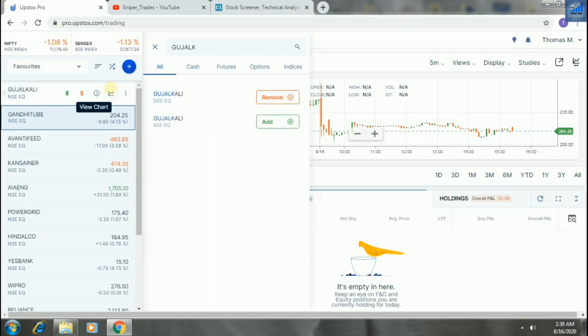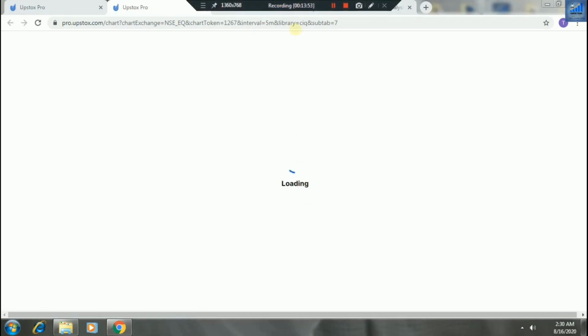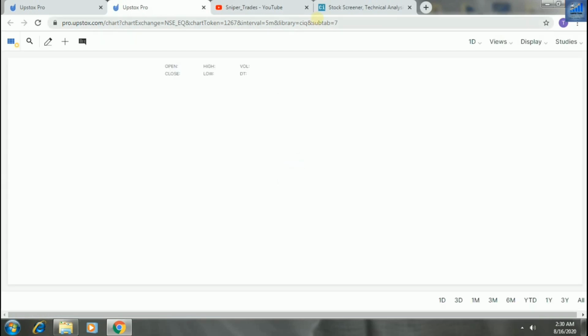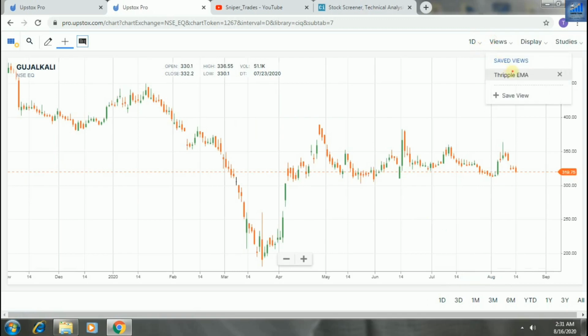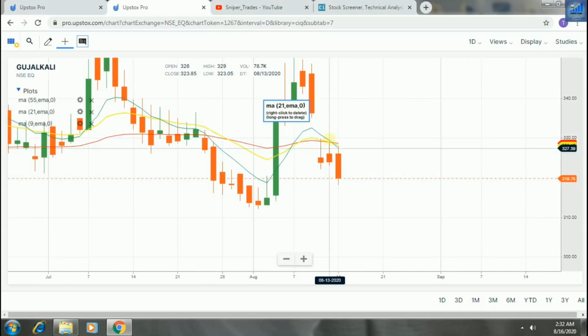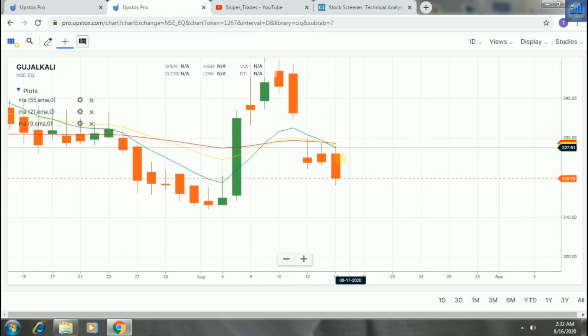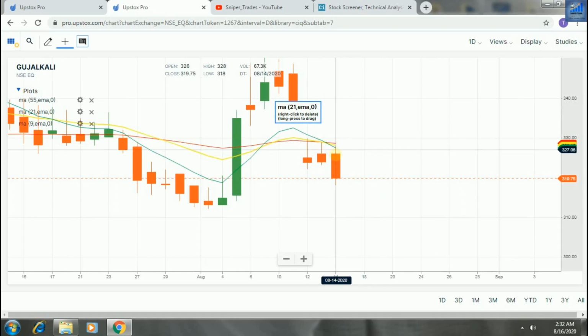Let's check the chart. So see here, this is expected to move further downwards because the long time and short time trend is in downward direction, because the yellow line has crossed below the red line, and also the green line has crossed below the yellow line, which means that the long time and short time trend is in bearish direction.